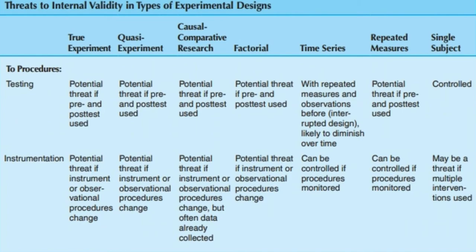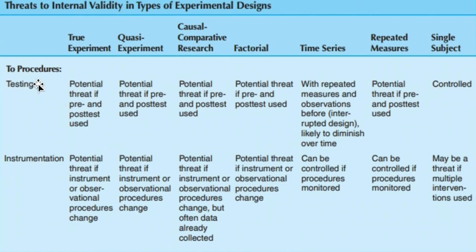When we think about other procedural threats, I have my testing and instrumentation. Depends. I disagree here because of experimenter biases and selection biases and things like that. But ultimately, these are things that you can get around.